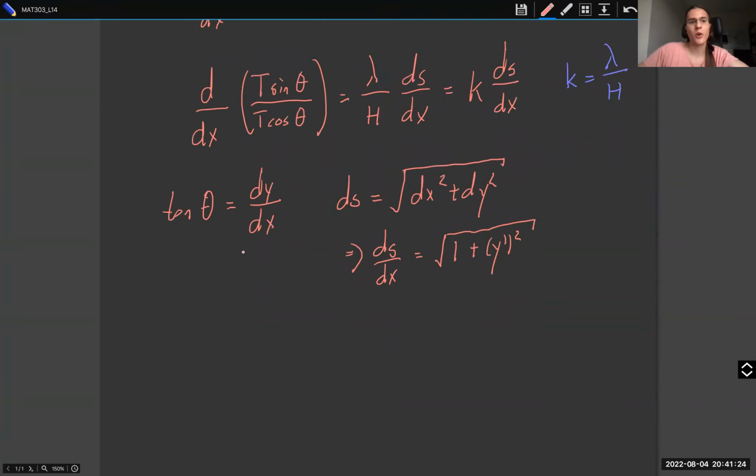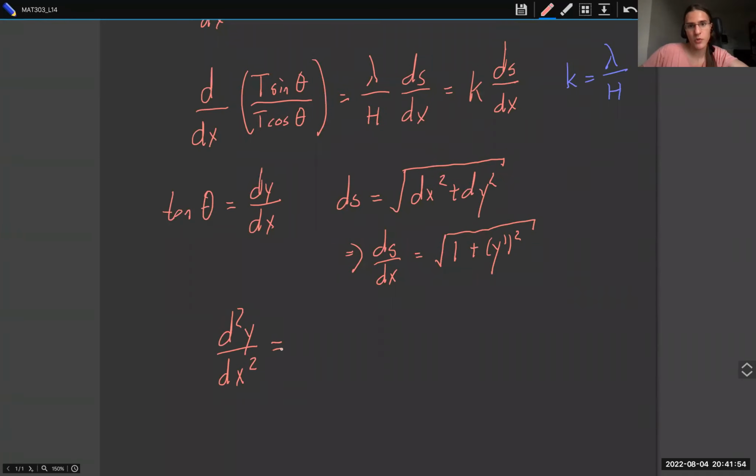So overall, what we get is that d dx of tan theta, which is y prime, so d squared y dx squared. Oh, but it's t over t, so that goes away. Good.